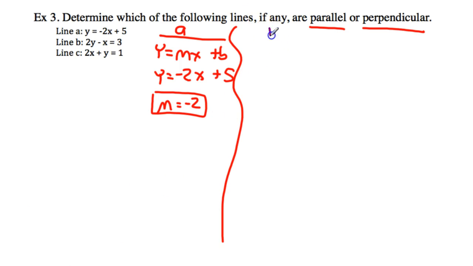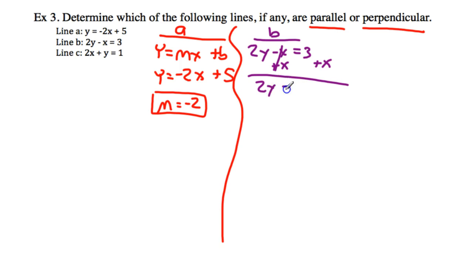The next one, B. This was 2y minus x equals 3. Well, that's not in slope-intercept form, so I need to change it to make it in that form. So I want to get y by itself, so I'll do plus x on both sides. These cancel, and I'm left with 2y equals 3 plus x, or I can say x plus 3.